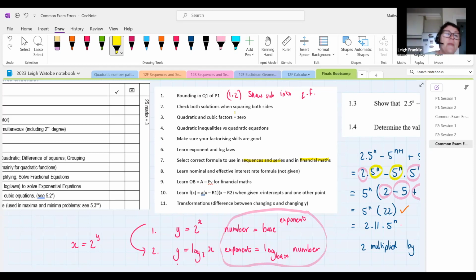So just make sure that you use the correct formula based off of what is given to you. They will always tell you whether the pattern is arithmetic or geometric, except in situations where they give you a sequence of numbers and don't tell you which. How will you know the difference between the two? If they didn't tell you whether the pattern was arithmetic or geometric, what would you do to test?